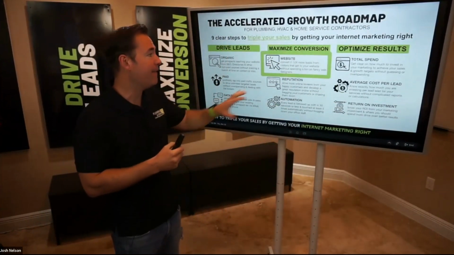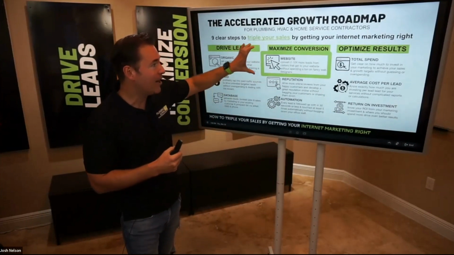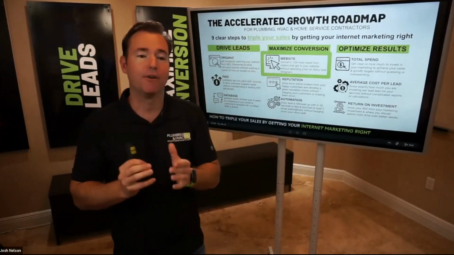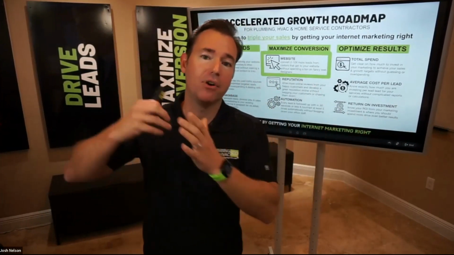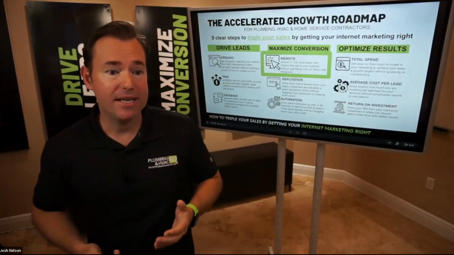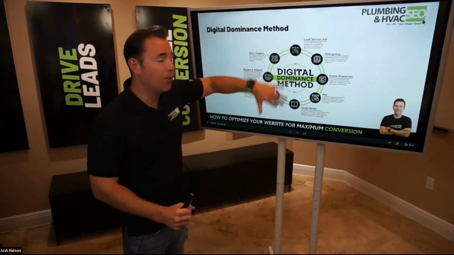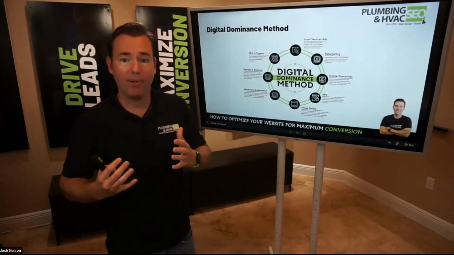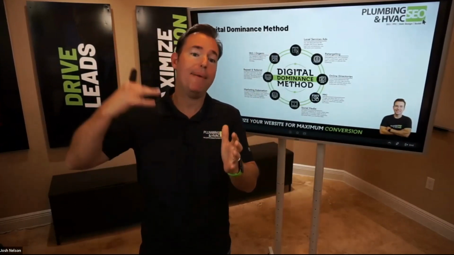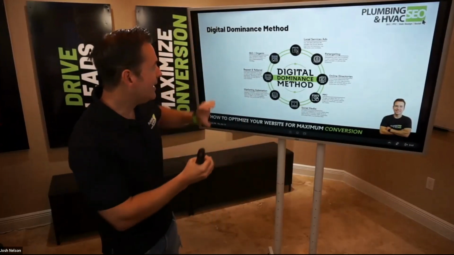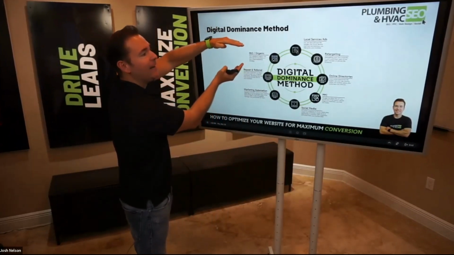But today, what we're going to focus on is how to maximize the conversion of your website and the conversion of the leads that you generate into sales. If you look at our digital dominance method and the key things you want to put in place to really dominate your local market and maximize your lead flow, this sits over here on the organic side of the equation.